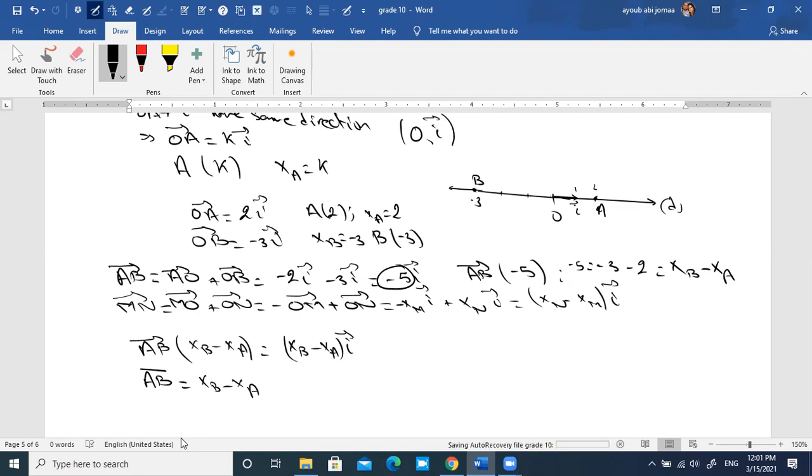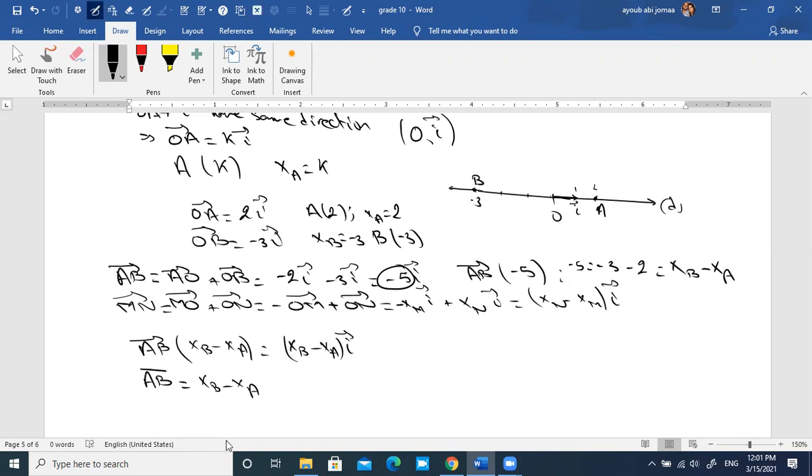Here AB is negative because we are talking about the sense from A to B going in the negative direction, in the opposite sense of I, the direction vector. 1, 2, 3, 4, 5.